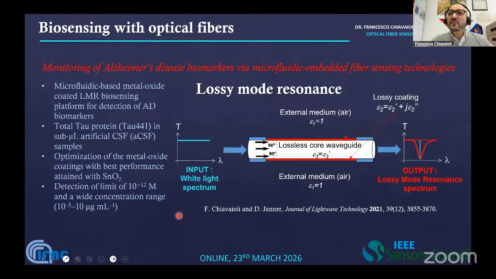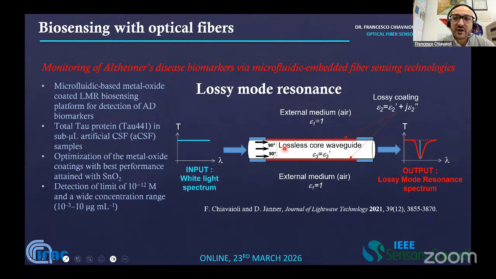Another interesting type of sensor is what is called lossy mode resonance. Essentially, we have a waveguide structure, which can be planar or cylindrical, whatever.